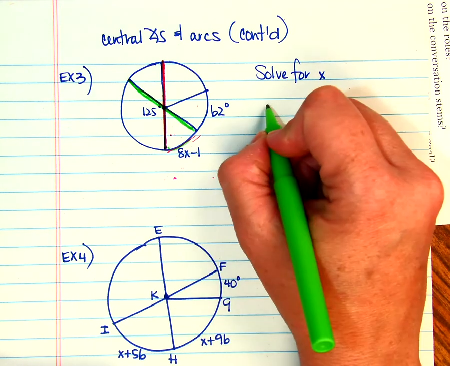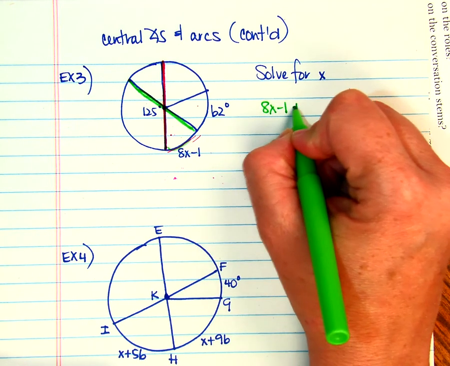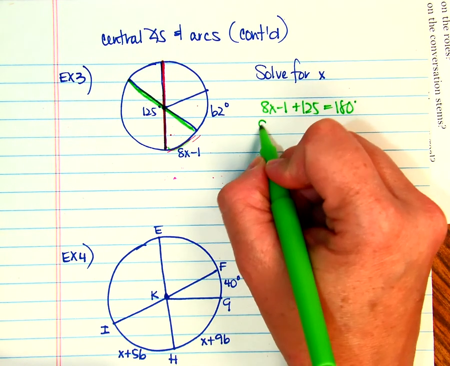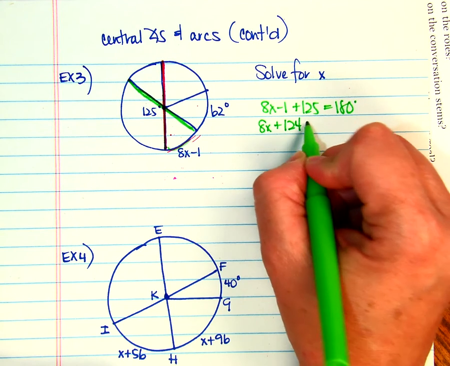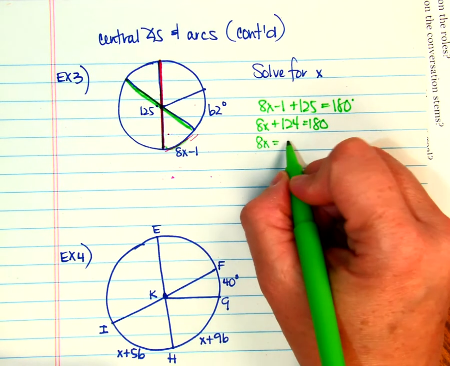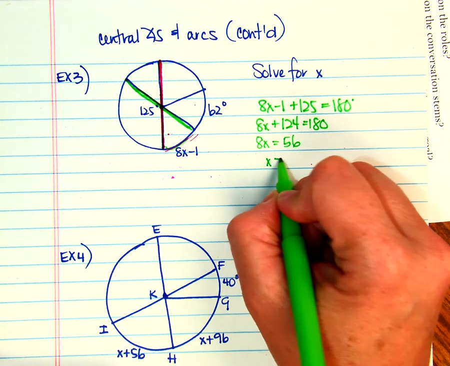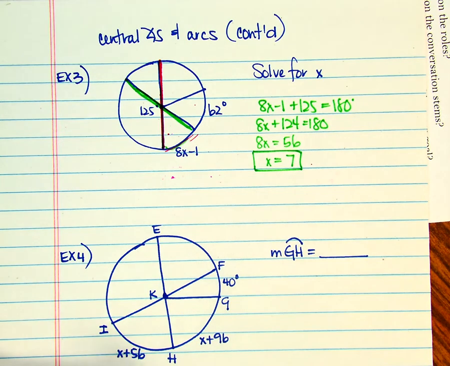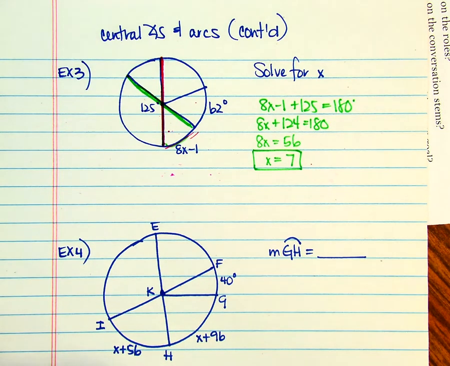So I'm going to set that up as my first equation. So those two are going to equal 180 degrees. So 8x plus 124 equals 180. 8x then equals 56. So x equals 7. And that's all we are asked to find.